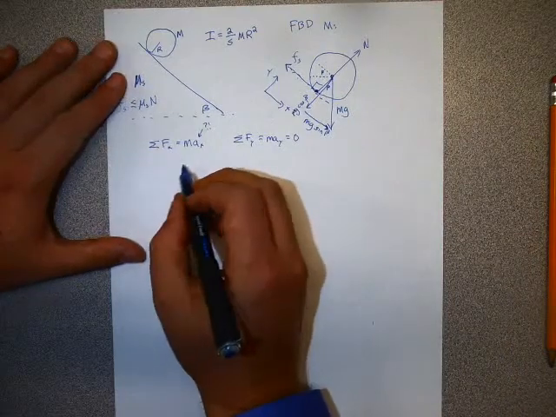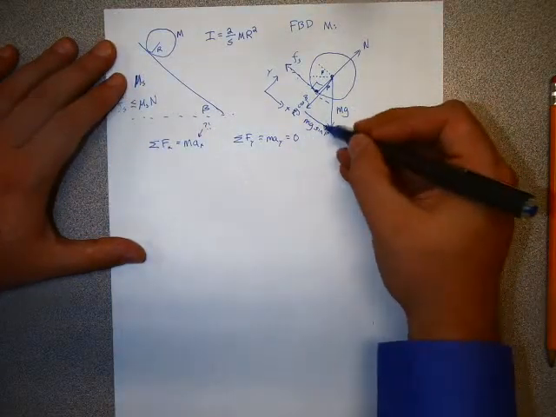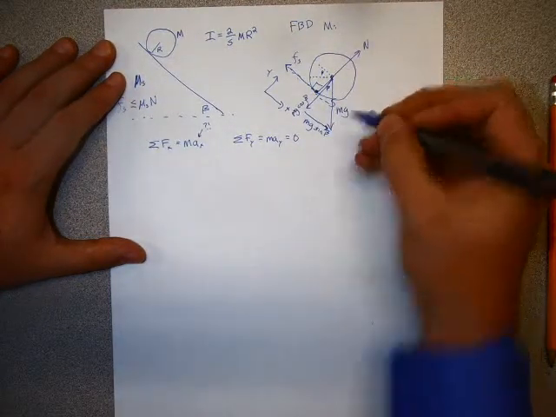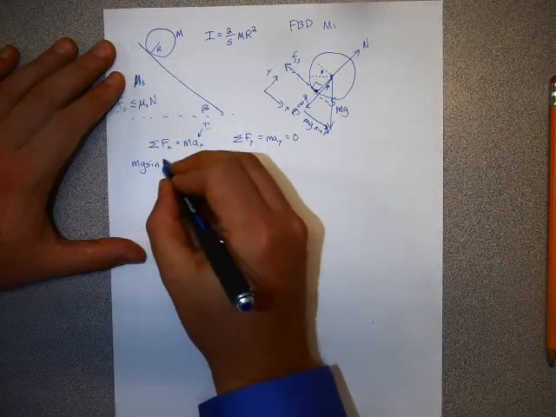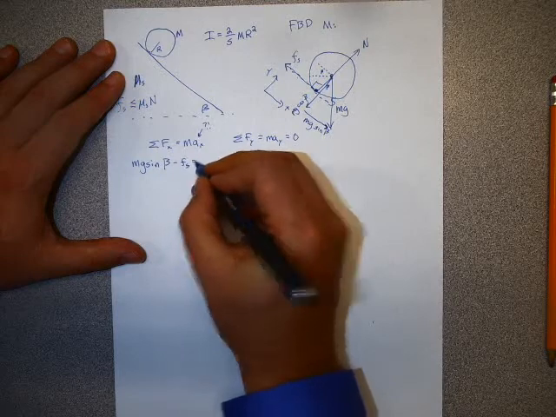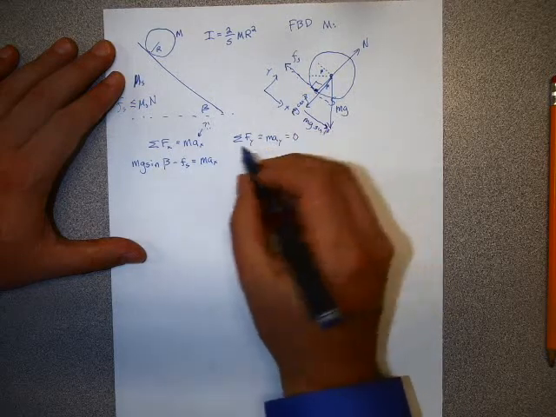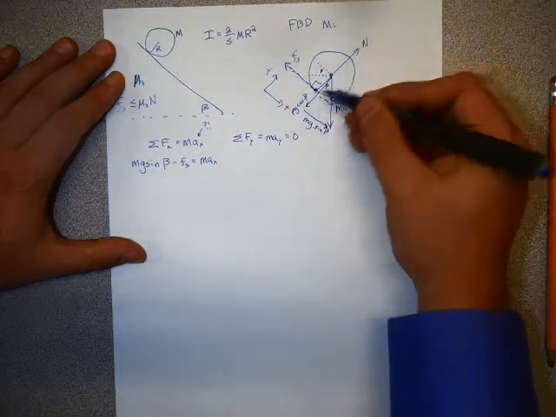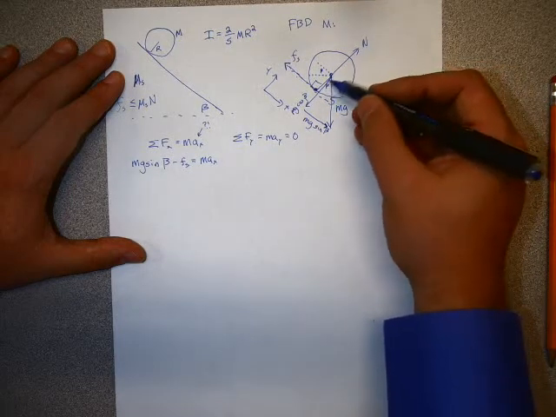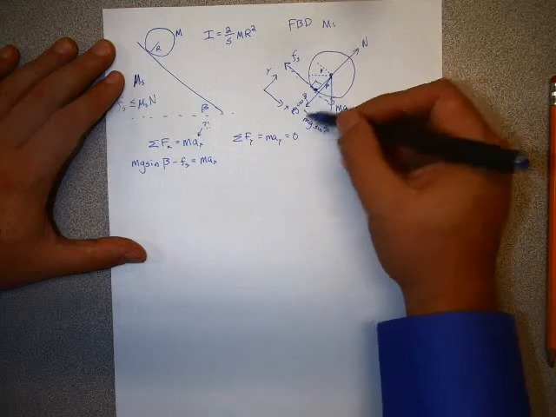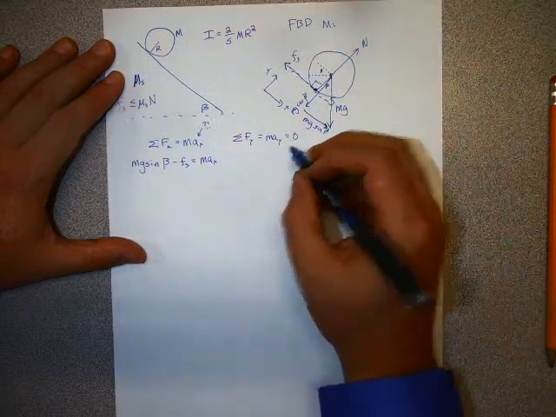All right. So for x, I see two components, the mg sine beta and Fs. So mg sine beta minus Fs is equal to m ax. In the y direction, I see a normal force keeping us from going through the surface, and mg cosine beta keeping us from coming off the surface.